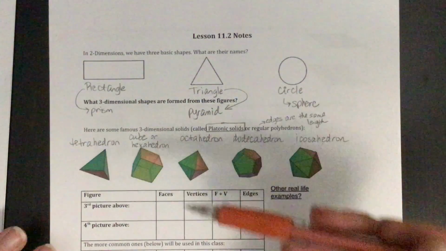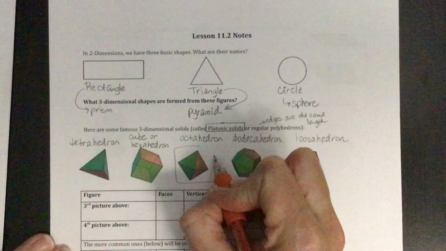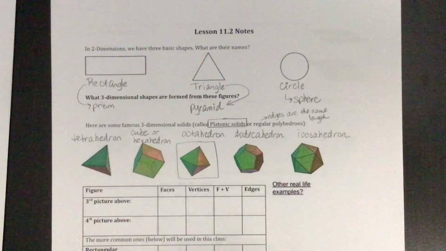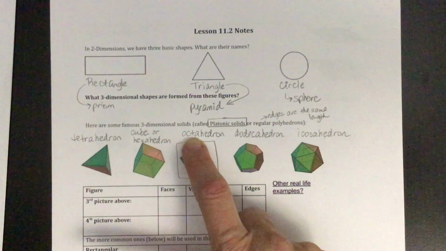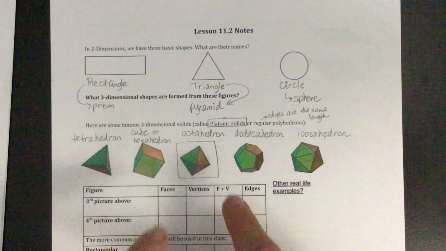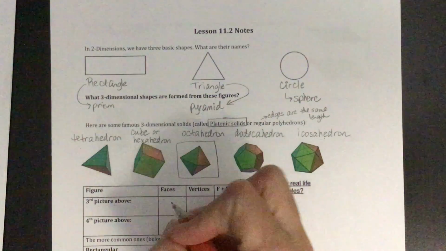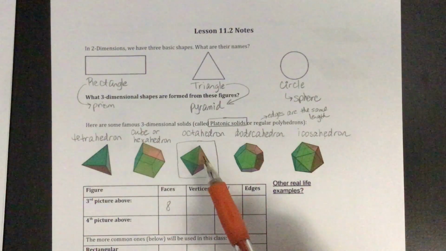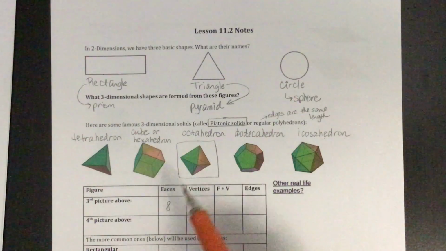So we're going to start by looking at the octahedron, which is the third figure above. Now you probably recognize the prefix octa, like if you know what an octagon is. It's a polygon or a closed shape with 8 sides. An octahedron has 8 faces. Faces are the polygons, or the shapes that make up the sides of these three-dimensional figures.